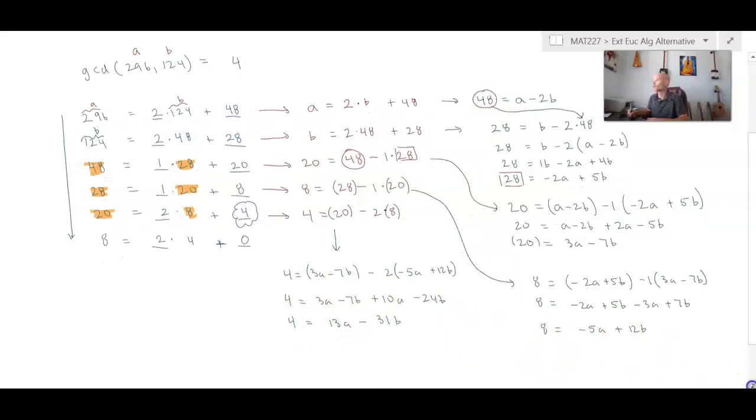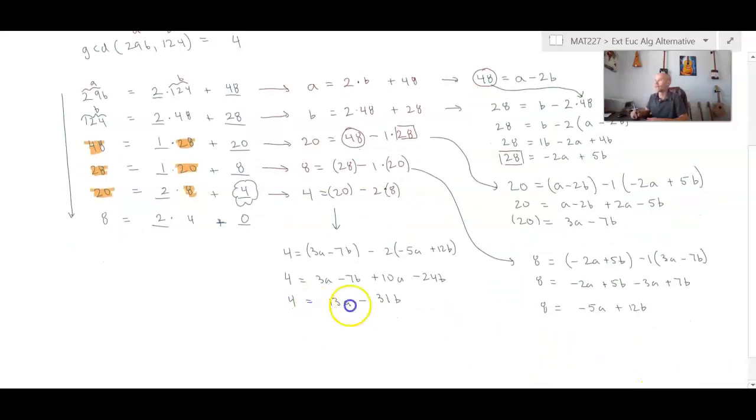In other words, now that we're done, this is the GCD between A and B. So if I rearrange this, I can say that it's 13 times 296 minus 31 times 124 that gives me my GCD. So 13 is my value of S, and negative 31 is my value of t.